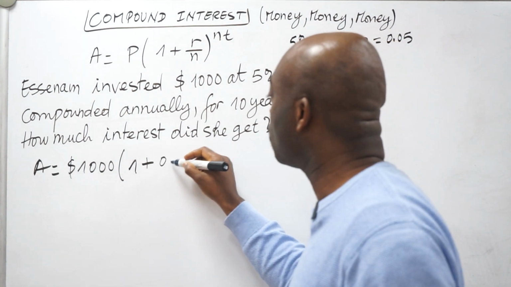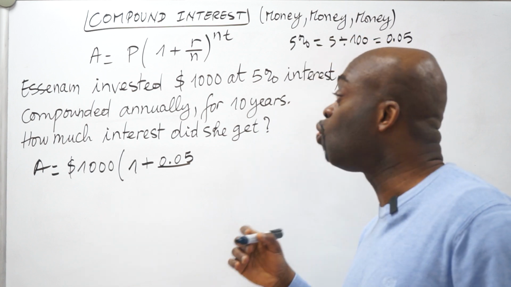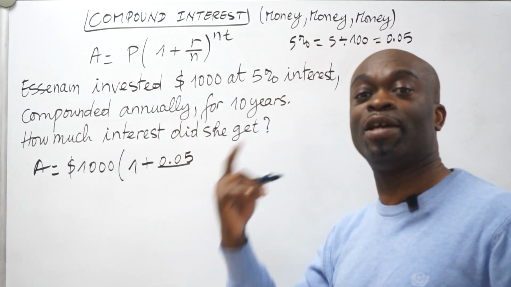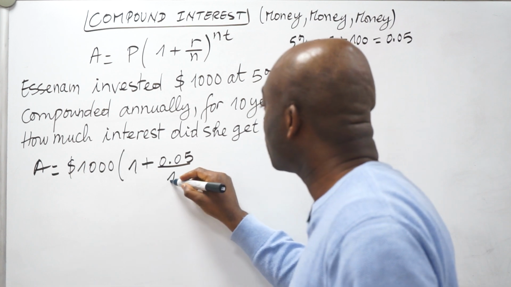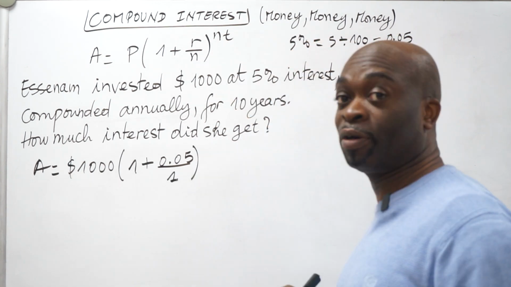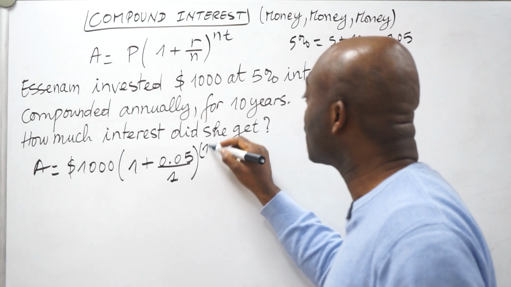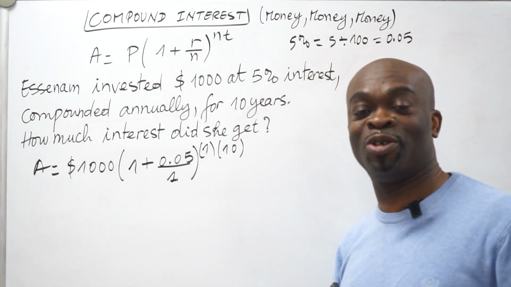So we're going to have 0.05 over N. N is 1 because this is happening annually, and we said before, N equals 1 in these cases. Then to the power N again, which is 1, times T, which is 10. We good so far?